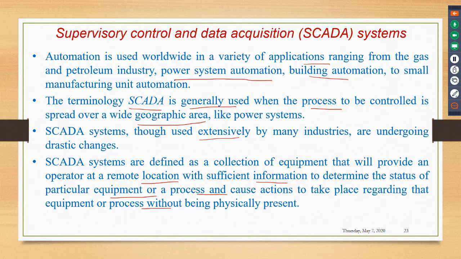So in a power system, we collect information like voltage, current, and power, and based on that information the operator takes the action. The operator is located at a particular location in the control center, and based on the information collected in the SCADA system, the operator takes the action physically.